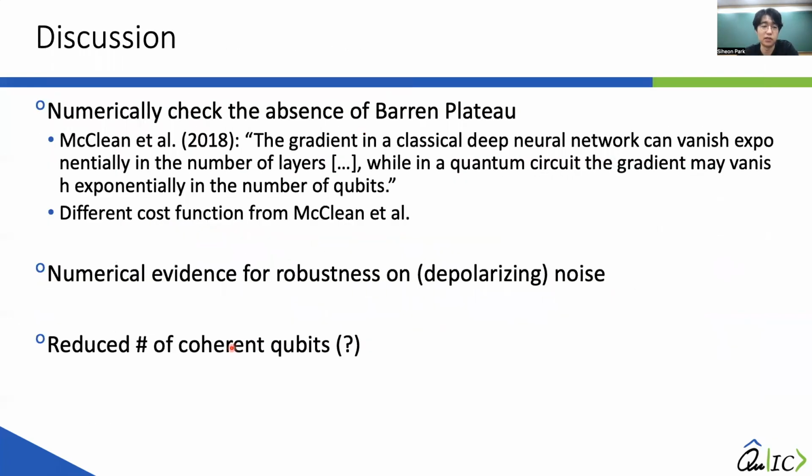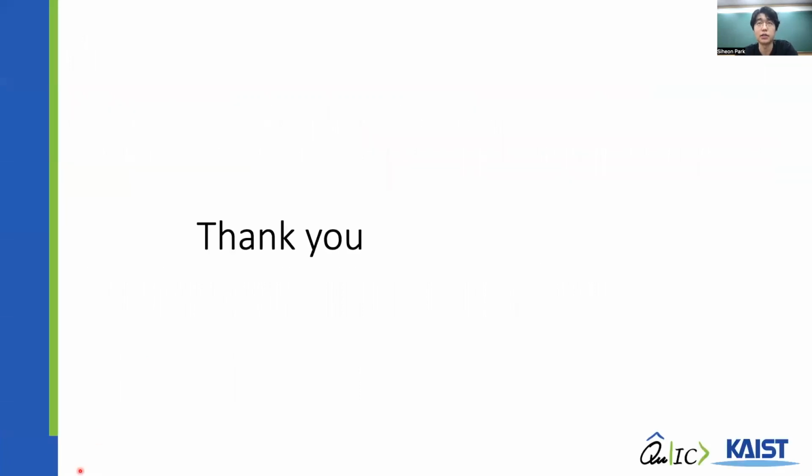So that means we could reduce the number of coherence qubits because we are tracing out, but the quality of the coherence qubits should be much better than the original. Okay, that's my personal thoughts on that.